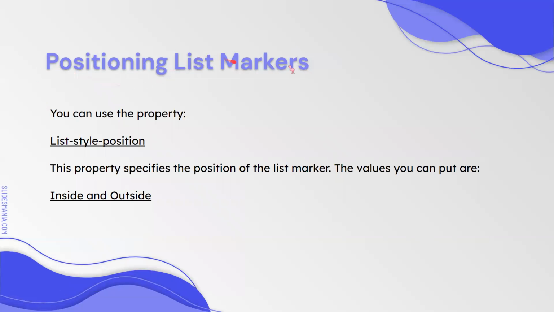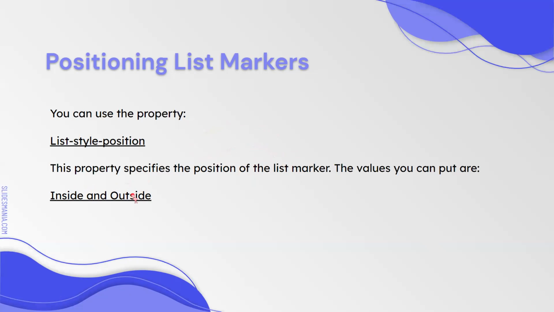Then positioning list markers. You can use the property list-style-position, and this property specifies the position of the marker. The values you can put are inside and outside, and you'll see this more when you see the coding because you'll understand what inside and outside really mean. But really, the list marker will either be inside with the text or outside.